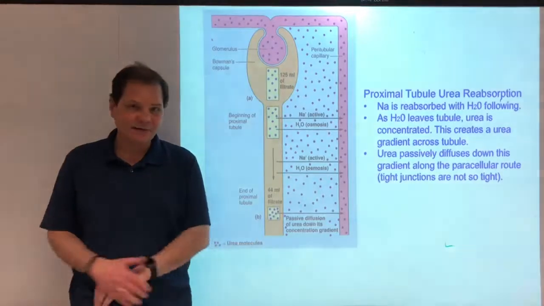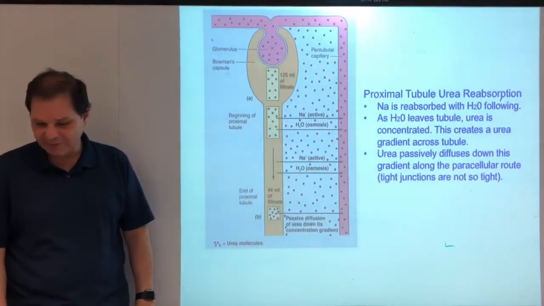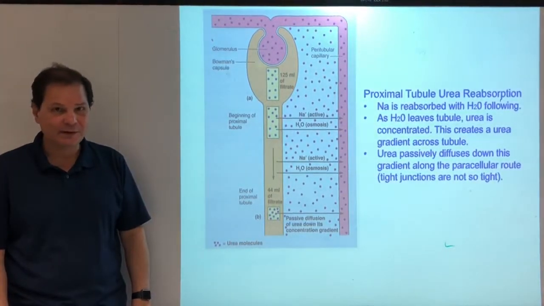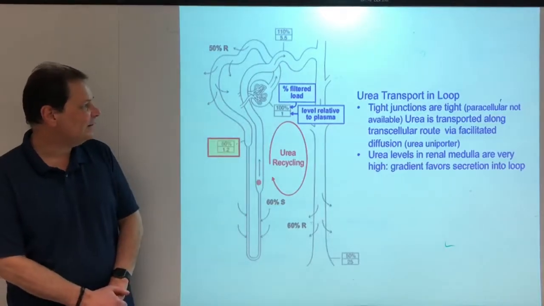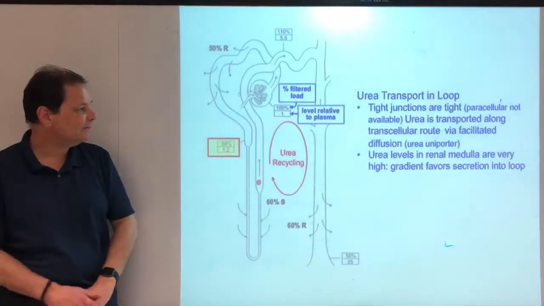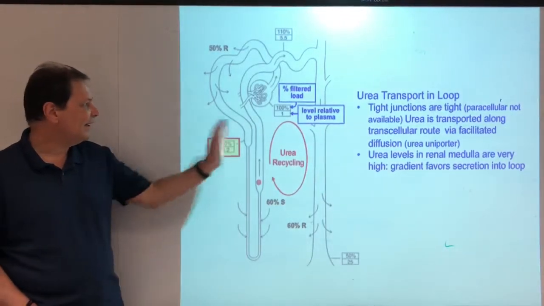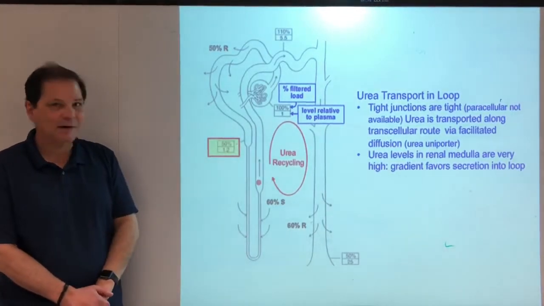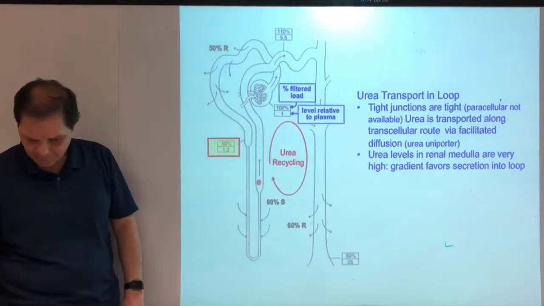And that's pretty much how this transport takes place in the proximal tubule. So we have a lot of urea being transported out in the proximal tubule, and that is through diffusion down its gradient paracellularly, okay?